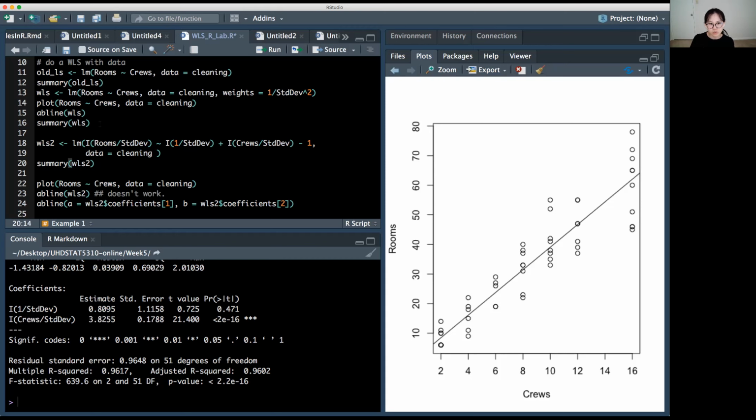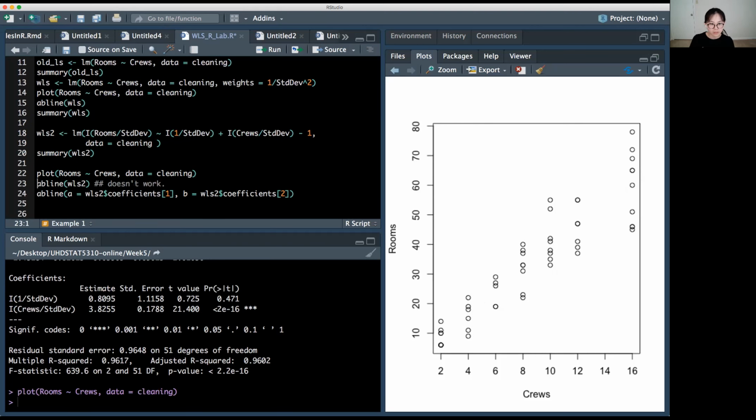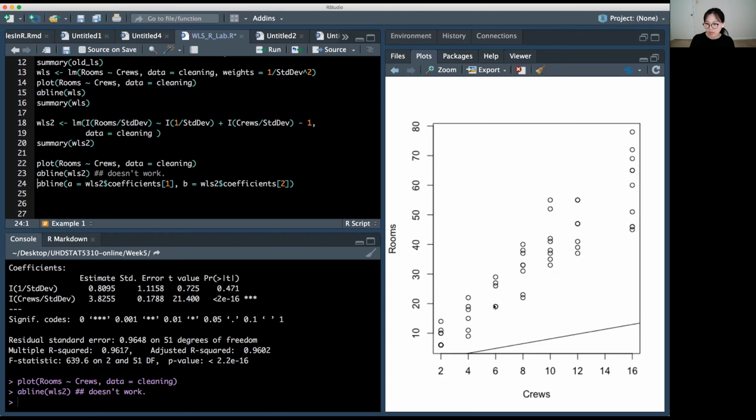So this translates the weight into the equivalent transformed model. There is a caveat here: if you do the plot again, when you manually transform your data and add the line directly, it would not work.